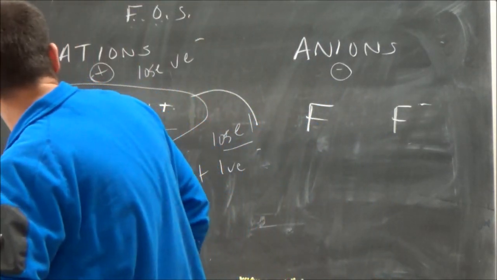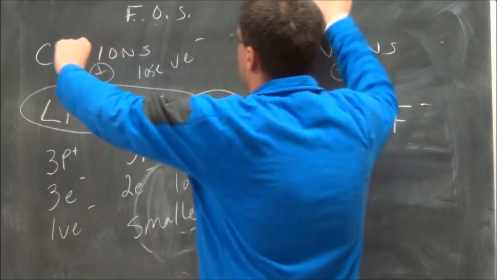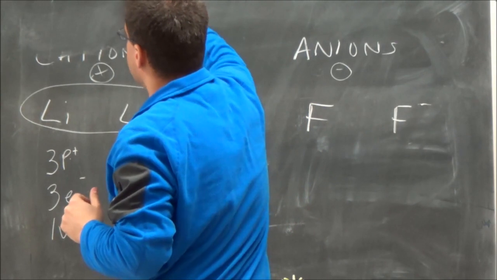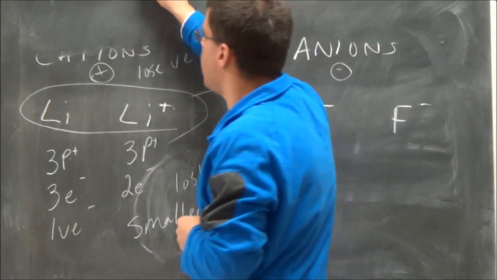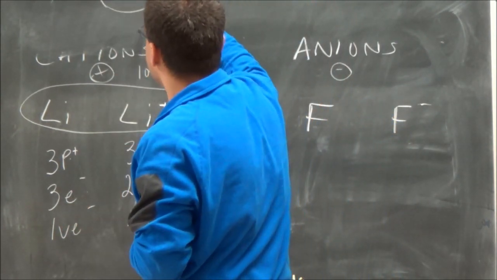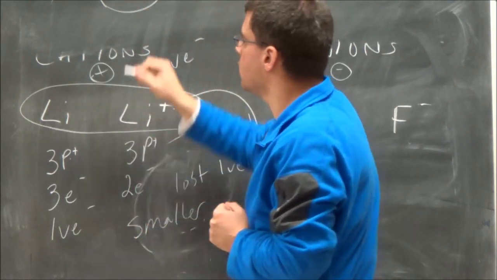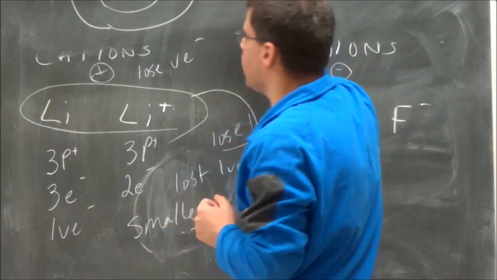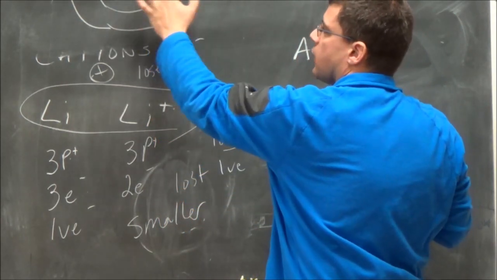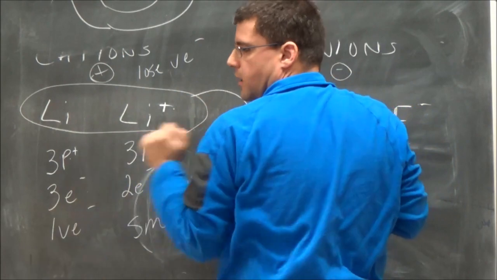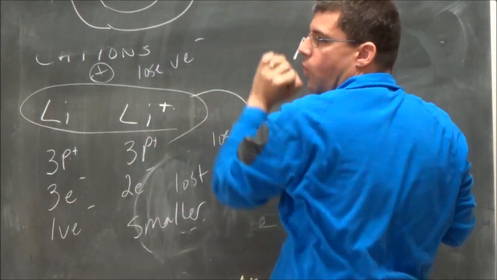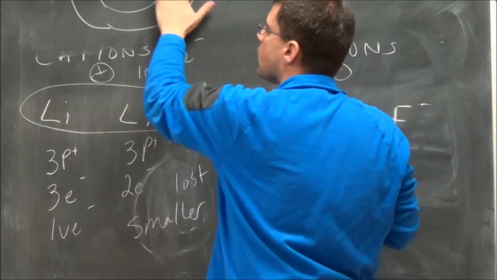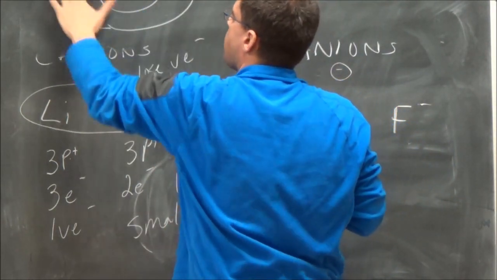Let's do a little replay. Here's lithium, 3 protons in the middle, in the nucleus, positively charged. The first level has 2, the second level has 1 valence electron. This is the size of the atom. Once it loses 1 to become stable, what happened to our size?